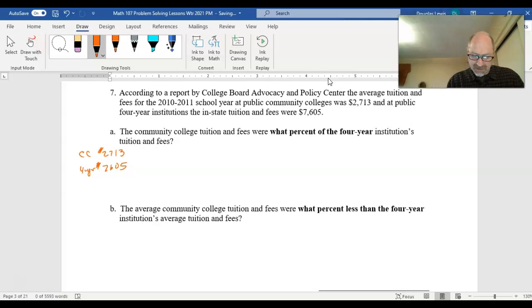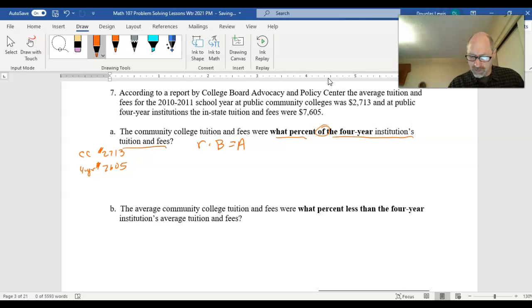So now it tells us that the community college tuition and fees were what percent of the 4-year institution's tuition and fees? Well, this is not talking about an increase or decrease or anything, it's a strict comparison. And on a strict comparison, we're going to use the R times B equals A formula, but it says what percent of the 4-year institution's tuition and fees.